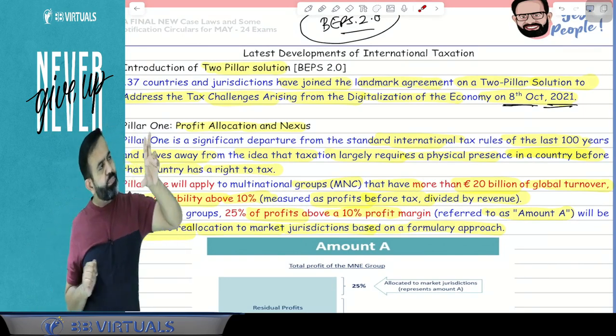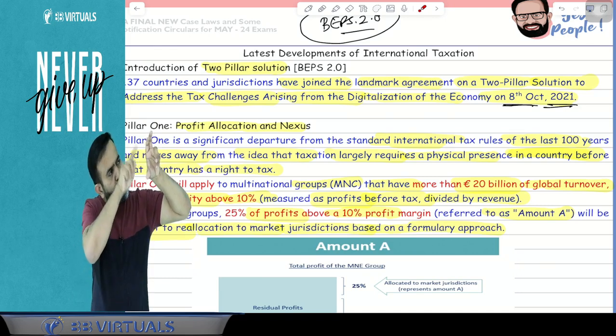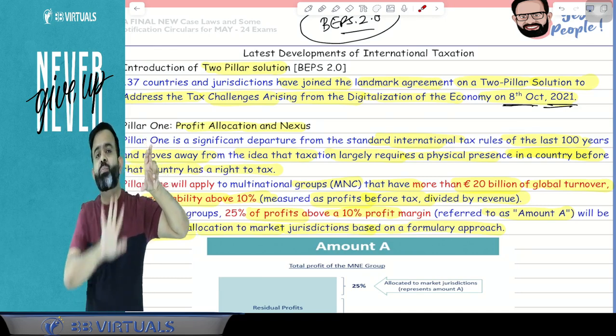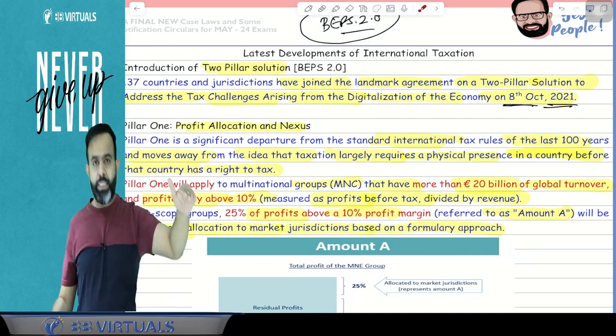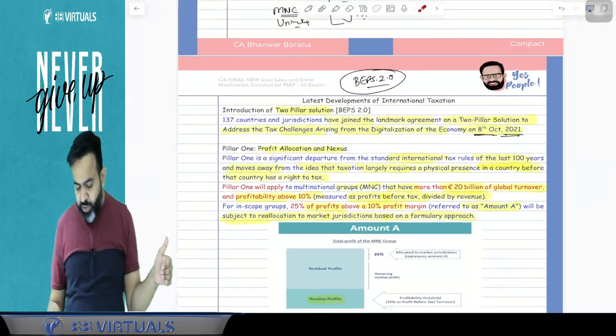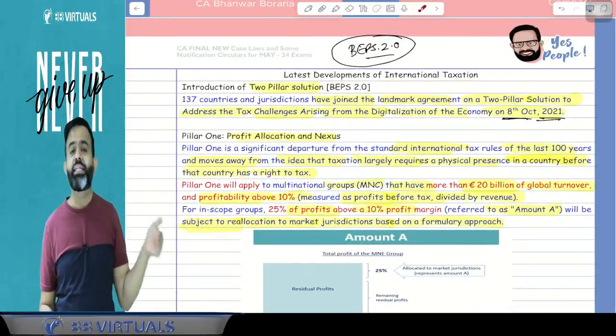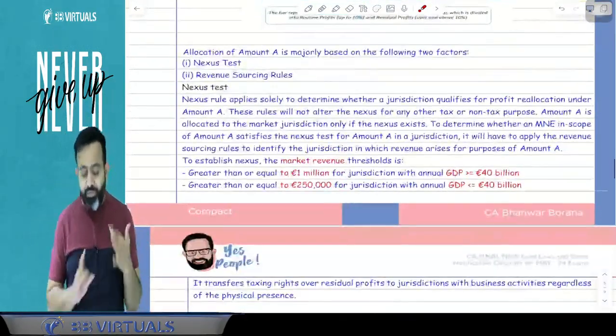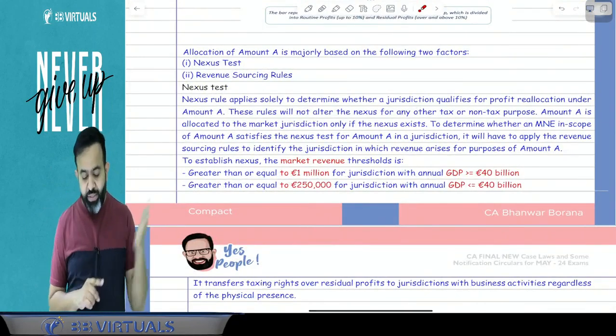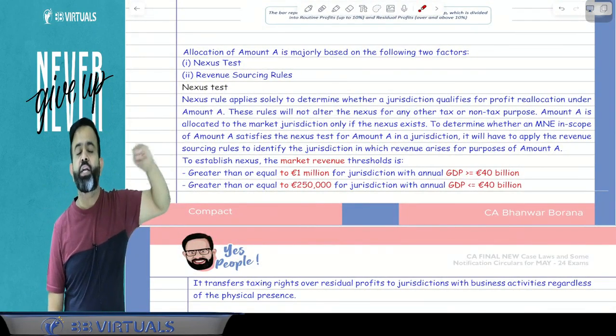Now in excess of 10%, whatever the profit, out of that profit, 25% will be allocated to the countries from where they are getting their revenue, means where the nexus test is fulfilled, then this profit will be allocated to those countries.